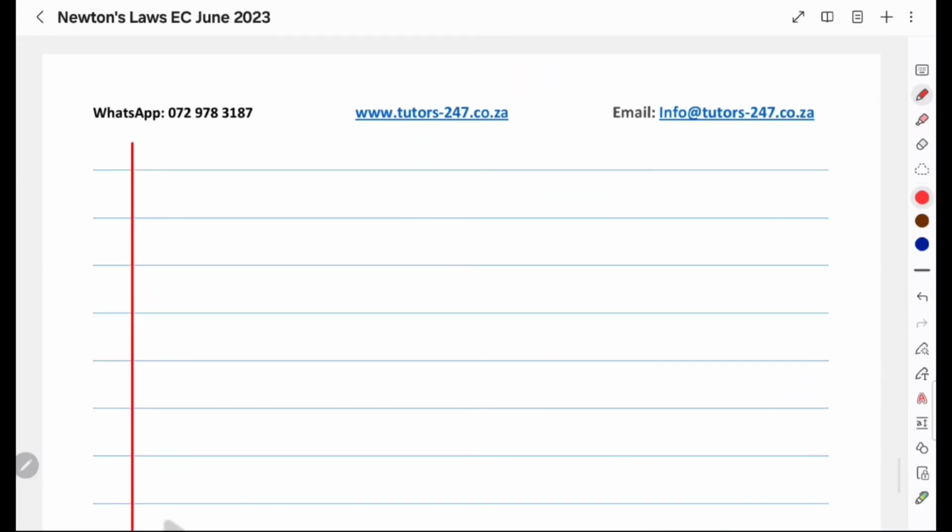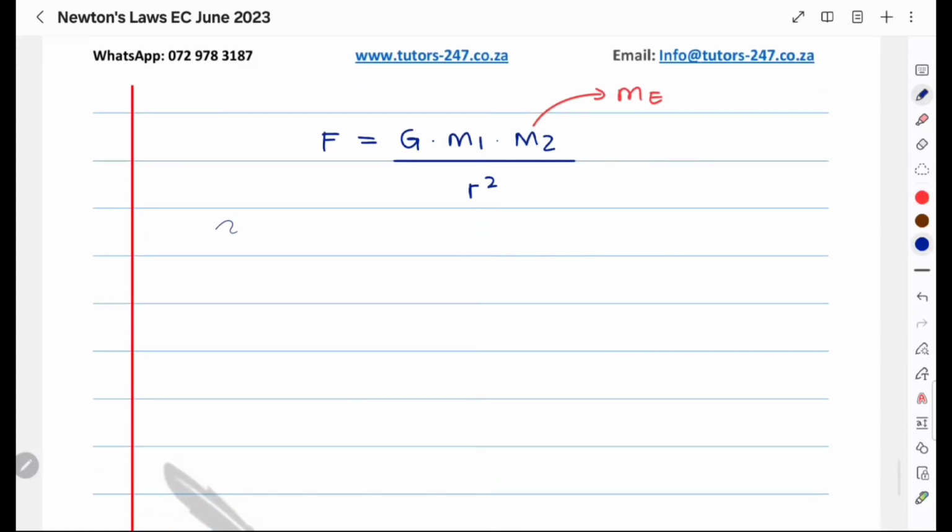So step number one, we are going to find the value of r using our formula. F is equal to g times m1 times m2 all over r squared, whereby m2 is going to be the mass of the Earth. Now, the value of F is known.